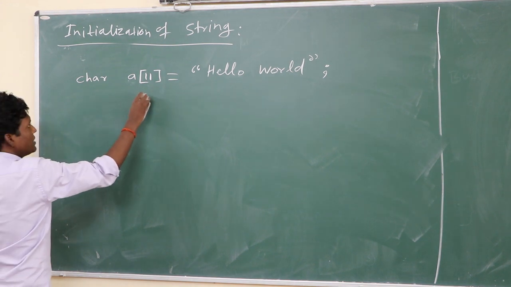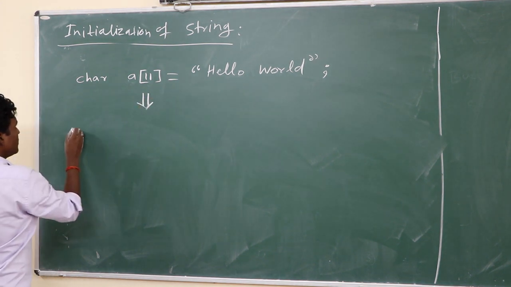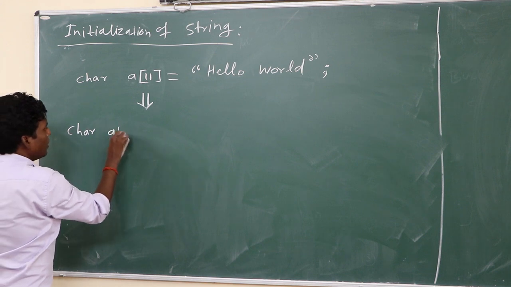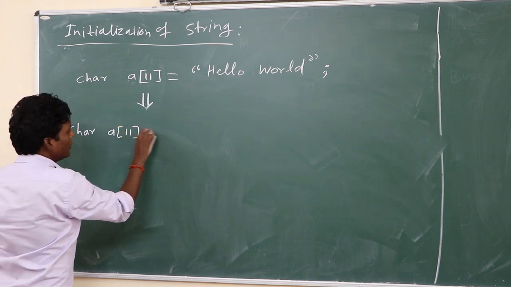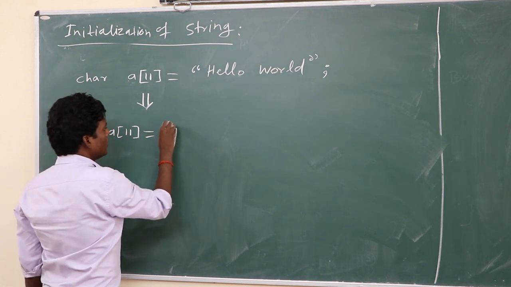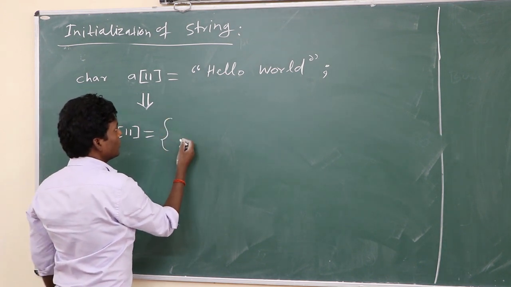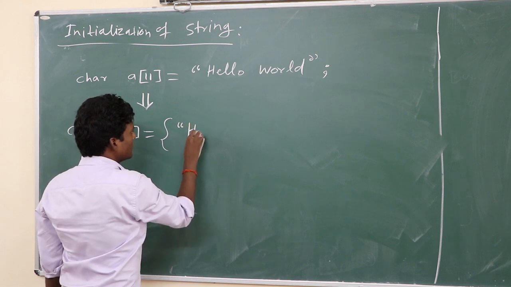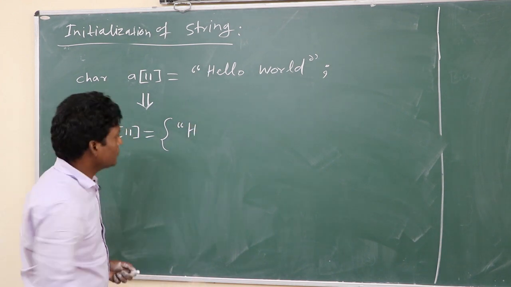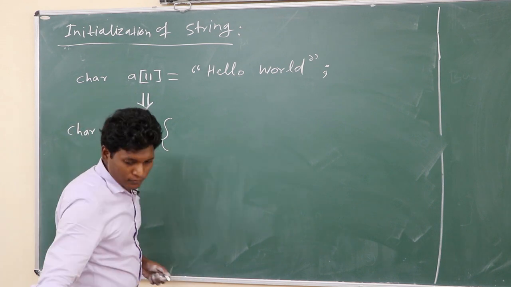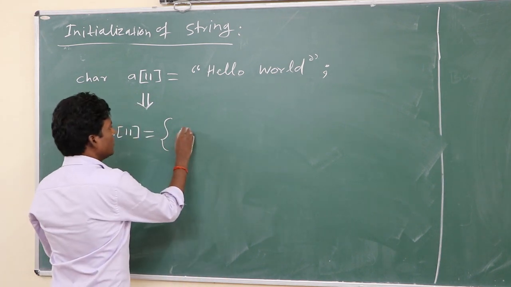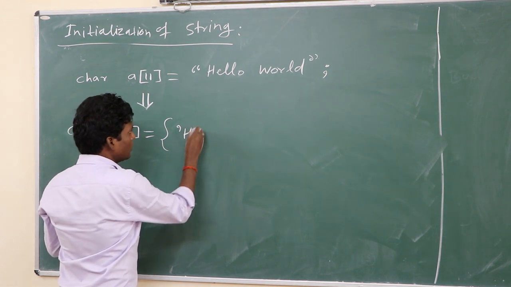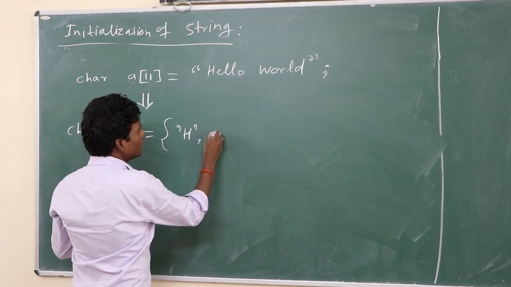So this can be written as, it is the same as, char a of 11 equal to 'H', 'E', 'L', 'L', 'O', comma.